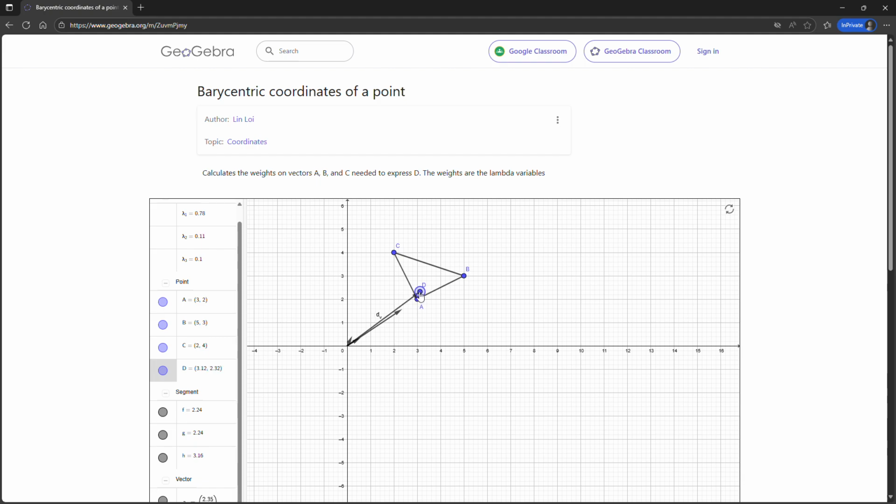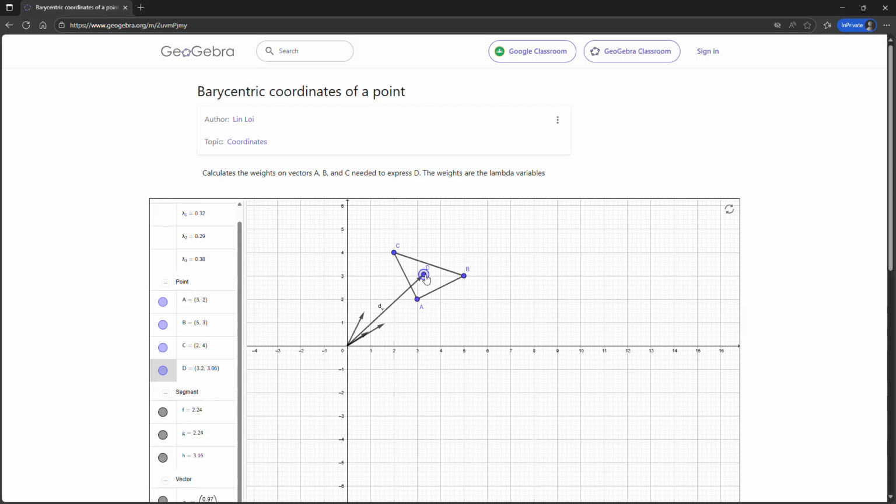So notice that as we move away from A and we go to B, B increases and A decreases, right? As we get closer to A, A increases and B decreases. As we get closer to B, B increases and A decreases, right? Notice that C remains relatively the same, okay?